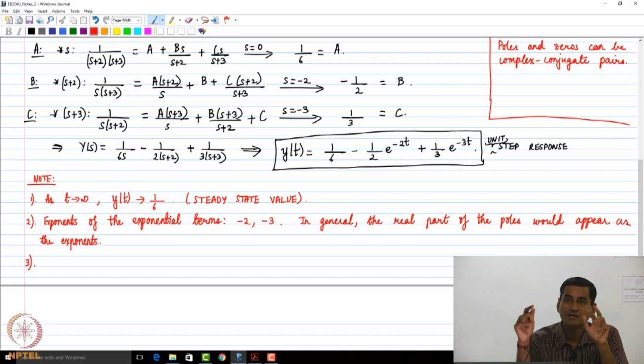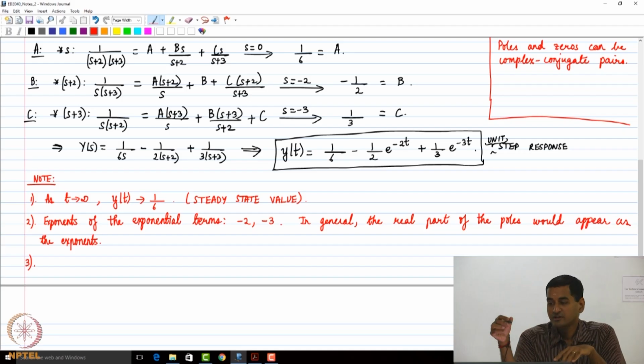So what about BIBO stability here? What we learned as bounded input, bounded output stability: my output should be bounded for all possible bounded inputs, for all time, correct? Is a step a bounded input? You would agree that the step is a bounded input. Is the corresponding y of t that we have calculated bounded?